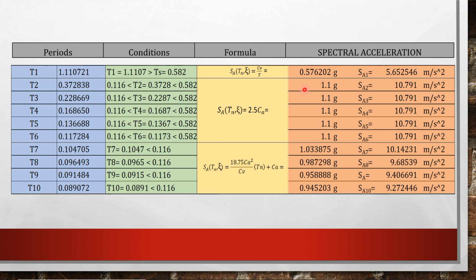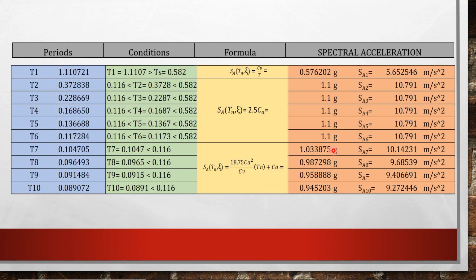So, ganun din dito. So, SA for T7 to T10, SA is equals to 18.75 CA squared over CV times TN plus CA. So, dito sa T7 natin, mode 7, SA is equals to 18.75 times yung CA, 0.44 squared over CV or 0.64 times TN or T7, 0.104705 plus yung CA na 0.64.